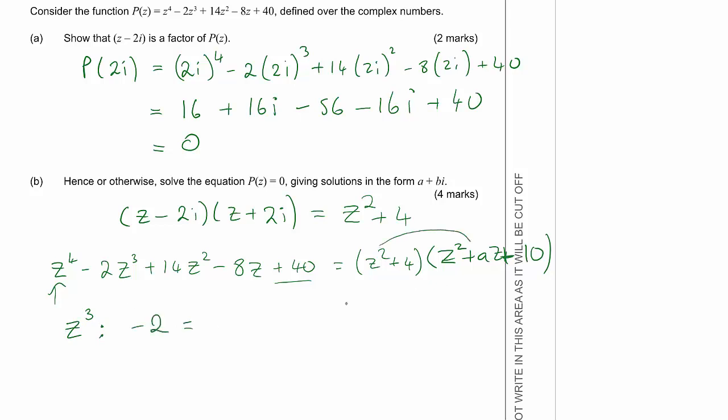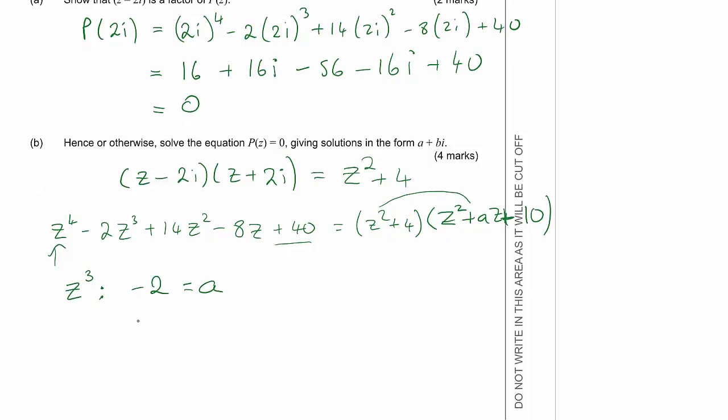Over here I'd get az cubed, and that's the only one that gives me a cube. So a is negative 2. So I now know that it factorizes to z squared plus 4, z squared minus 2z plus 10.